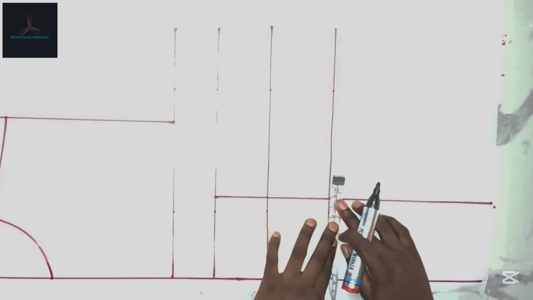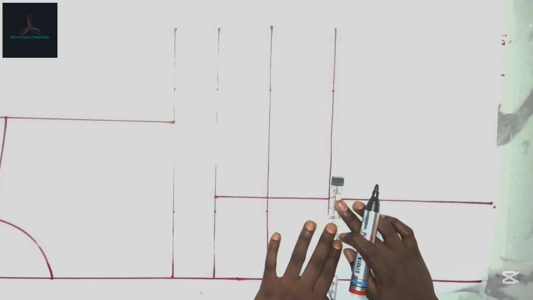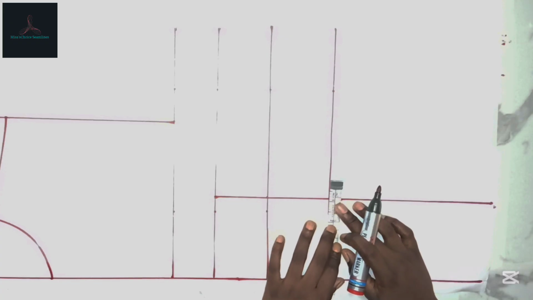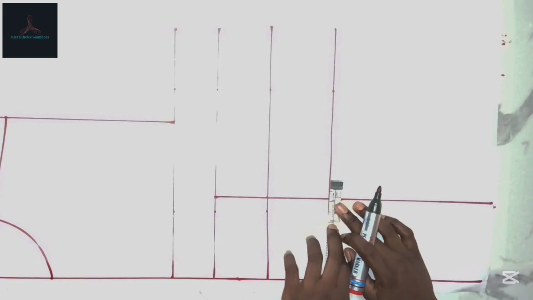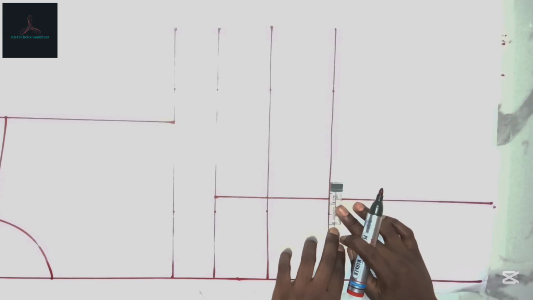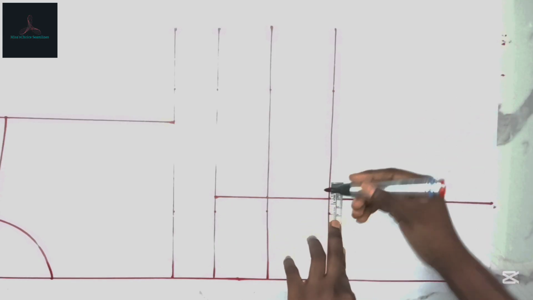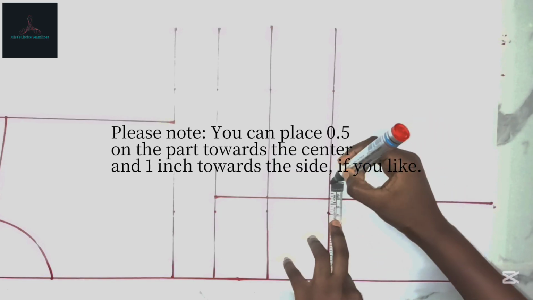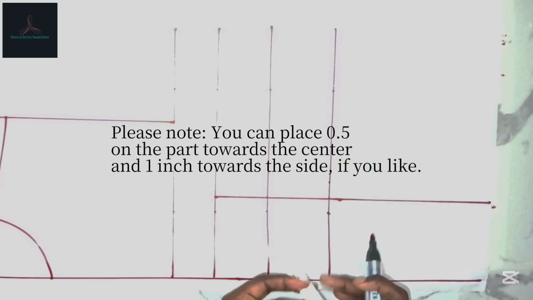On my waistline here, I am going to take a dart of 1.5 inches. So divided by 2 is going to be 3/4 of an inch, which is 0.75 on both sides of the dart line.